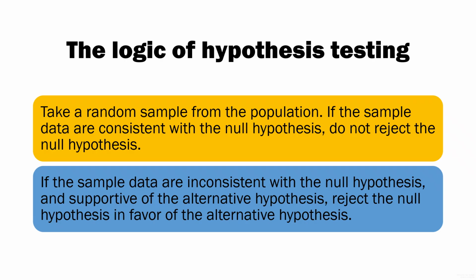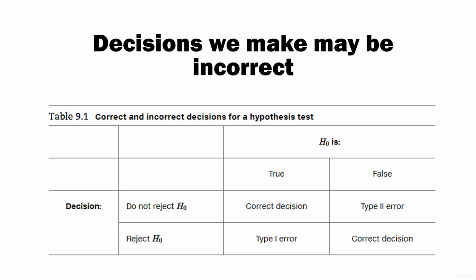What you need to note here is that we're never accepting anything. We're just saying that we will reject the null hypothesis or fail to reject the null hypothesis. Any decision we make based on a hypothesis test might be wrong because we've used partial information obtained from a sample to draw conclusions about an entire population. So there are two types of incorrect decisions that we can make, and we'll call them type 1 and type 2 error.